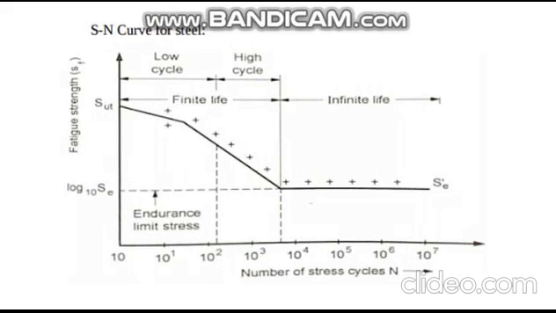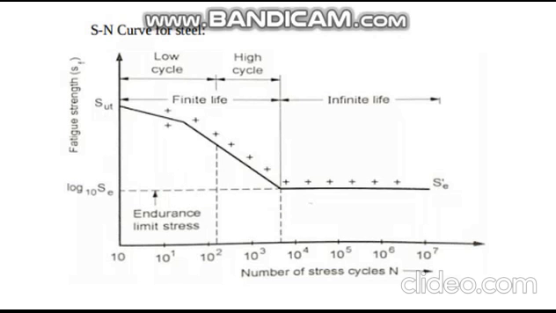This plot of fatigue strength, sigma f or SF, versus stress cycles N, capital N, on log paper, is known as the SN diagram.